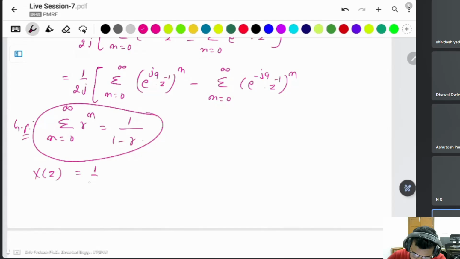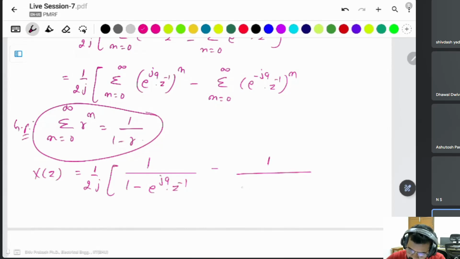X(z) is equal to 1 by 2j, where r is e to the power of ja into z inverse. Then this will be 1 divided by 1 minus e to the power of ja into z inverse, minus 1 divided by 1 minus e to the power of minus ja into z inverse.